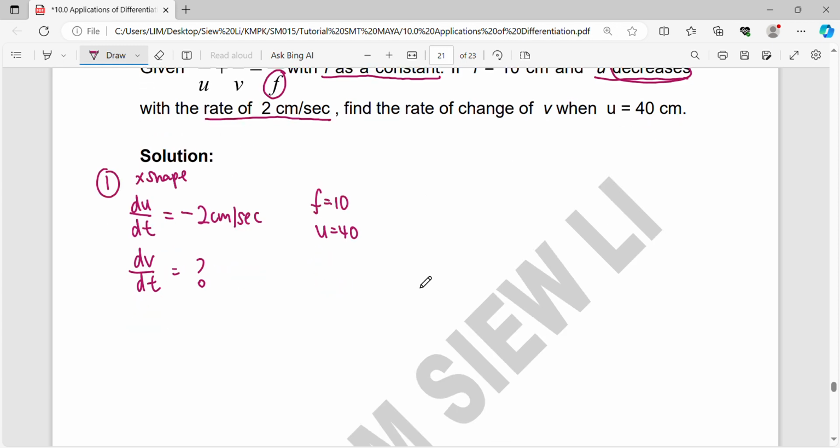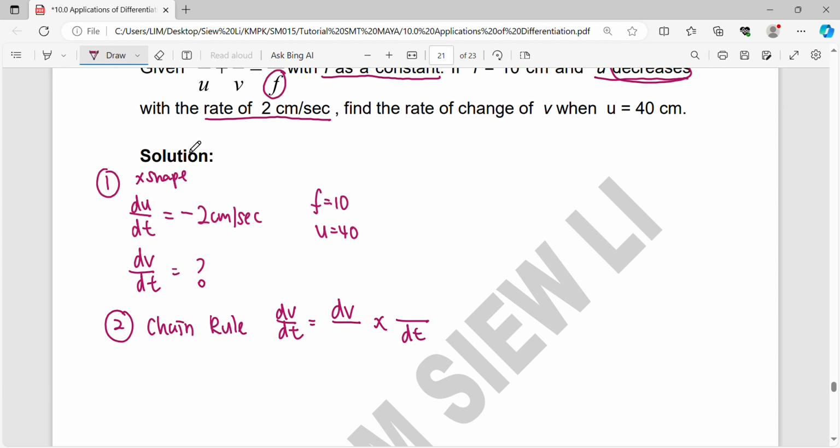Then we can go to step number 2. We find the chain rule that we need. If we want dv dt, we can start with dv and end with dt.